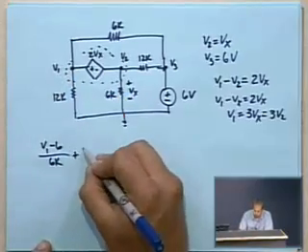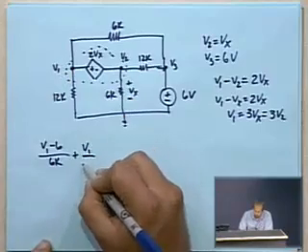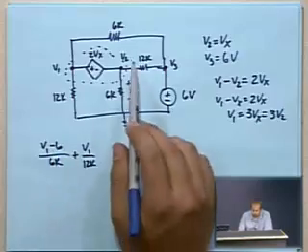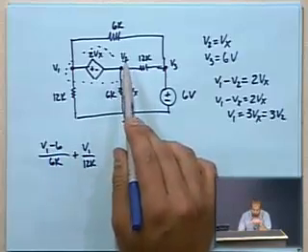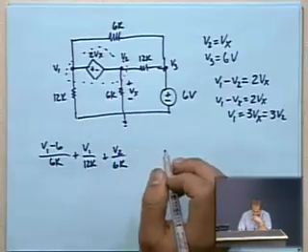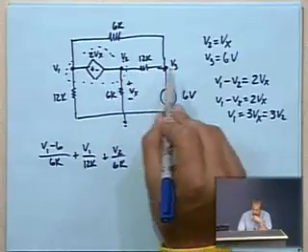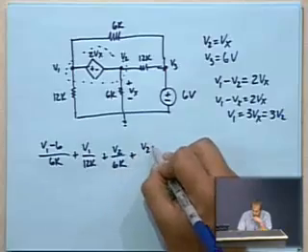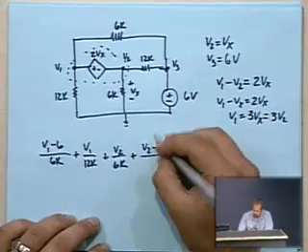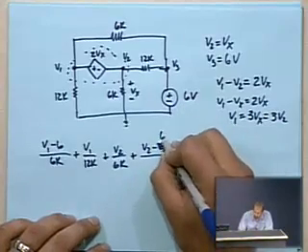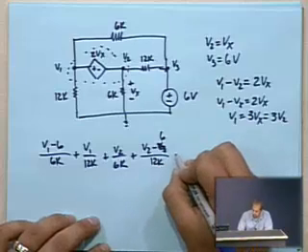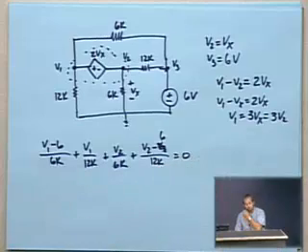V1 to the reference node, V1 minus 0 over 12K. That's it for node V1. V2, we've got the 6K resistor, so V2 over 6K. And V2 minus V3, where V3 is that 6 volts, so V2 minus 6, with 12 kilo ohms resistance between them, and that equals 0.